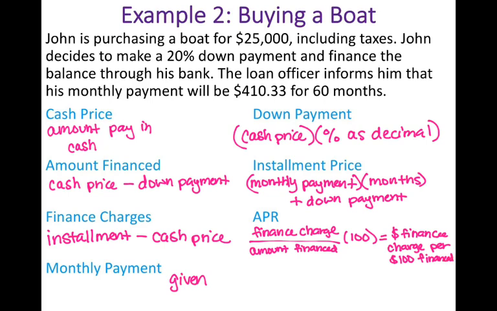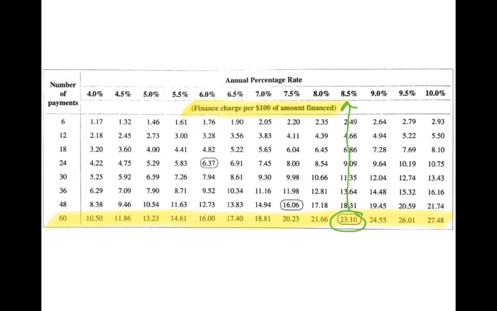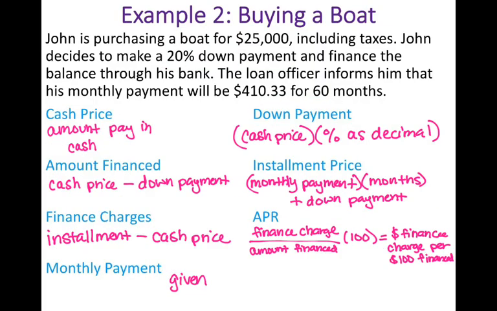And then what you do from there is you look at the table. I'm going to go back to this table. You look at this table and search for the APR based on the number of payments you have as well as the number that you just calculated. In this particular case, we're looking at the row for 60 months, since that is how long he's making monthly payments on that loan.